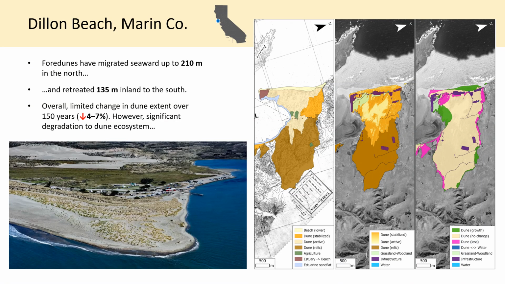In this other example from Dillon Beach, which is a bit further south, closer towards the San Francisco Bay area, here there hasn't been a very dramatic change in dune extent over time. However, there has been a significant change and degradation in the dune ecosystem due to the introduction of invasive species.